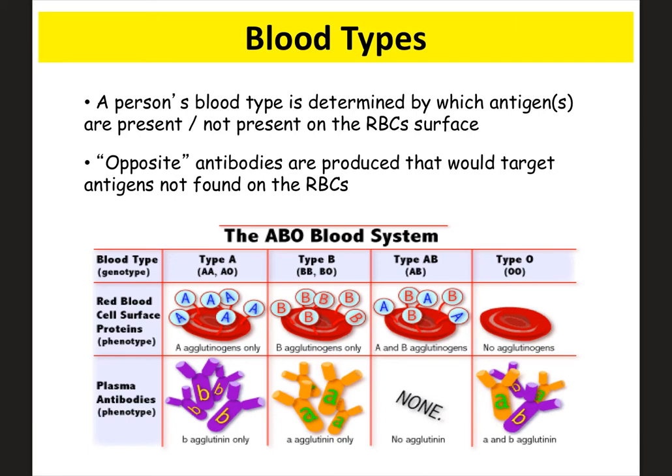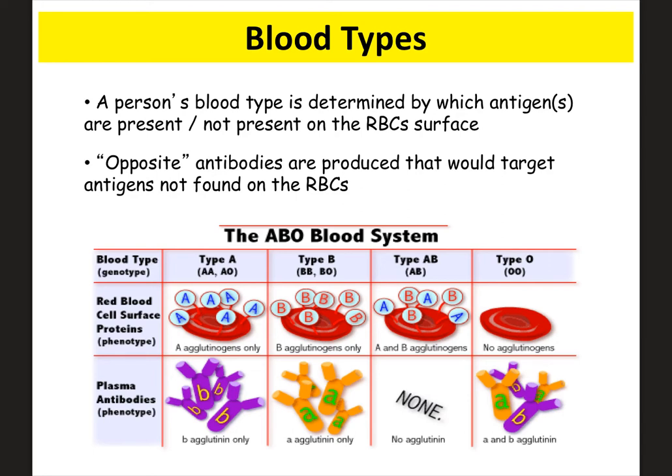If you have type AB blood, you have both A and B antigens. Therefore, your body can't produce A or B antibodies. You would have no antibodies being produced because your body recognizes both A and B antigens. But if you're type O blood, notice you have no A or B antigens present on your red blood cells. Therefore, since your body doesn't have those antigens, you're going to produce both A and B antibodies because your body does not recognize them.